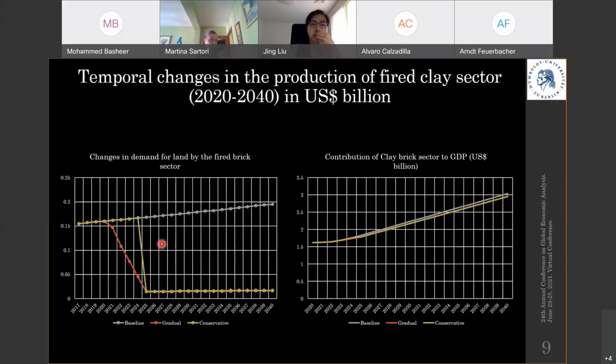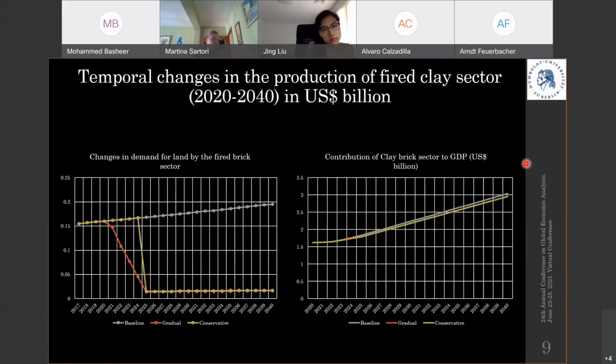Now, if we look at some results, this plot on the left side shows the two scenarios. It shows the land demanded by fired red brick production. In the baseline, there is a gradual increase in land, but in the two scenarios, we bring the land component down to the proportion of the shock of the respective scenario. So you've got a gradual and then a sudden shock in 2025.